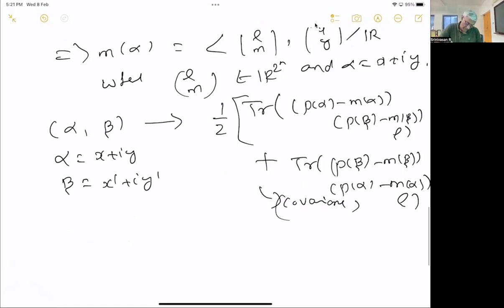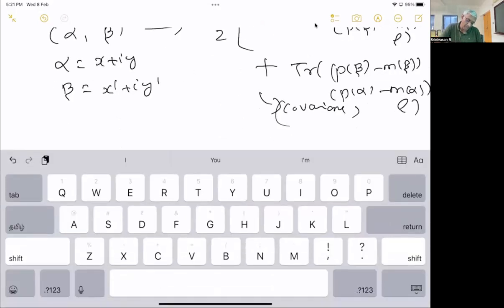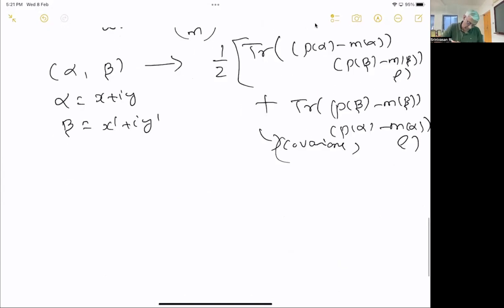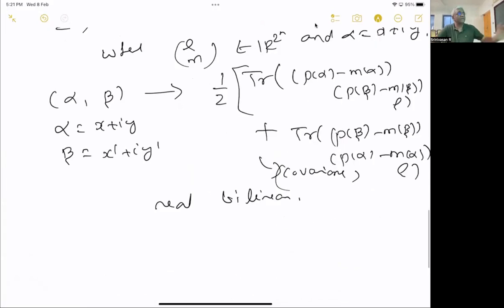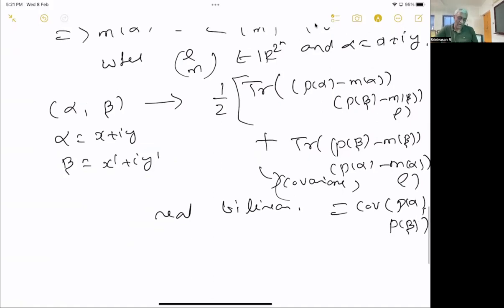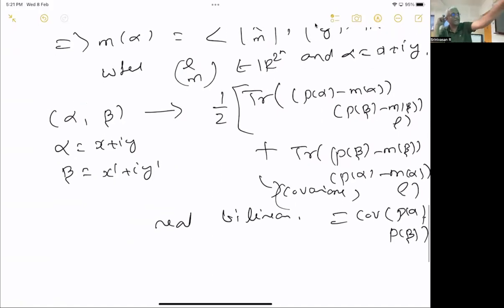This map alpha going to the covariance of P of alpha, P of beta. So alpha, beta going to this covariance of P of alpha, P of beta is a bilinear map. So it's given by a matrix, of course.